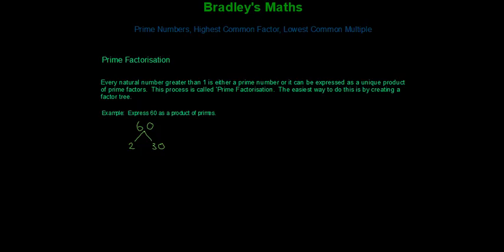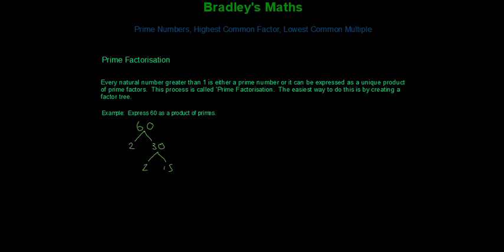This left-hand branch here is now finished because 2 is a prime number, so that can't be subdivided any further. Okay, back to the pen. 2 goes into 30 because 30 is an even number. 2, and it goes into 30 15 times. 15 is not divisible by 2.